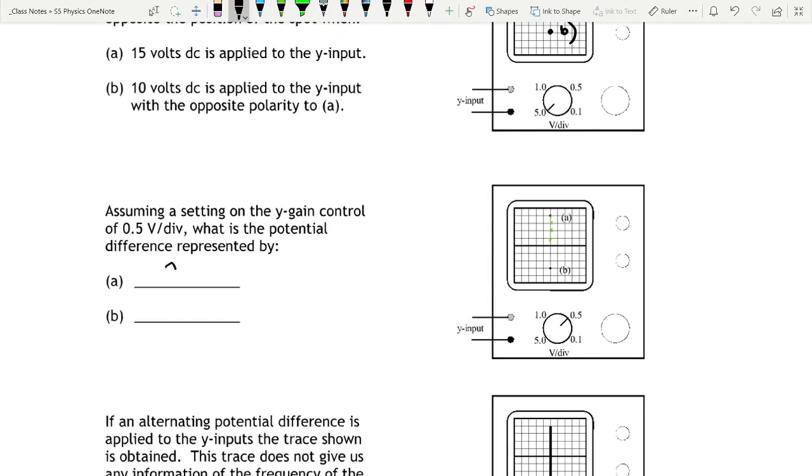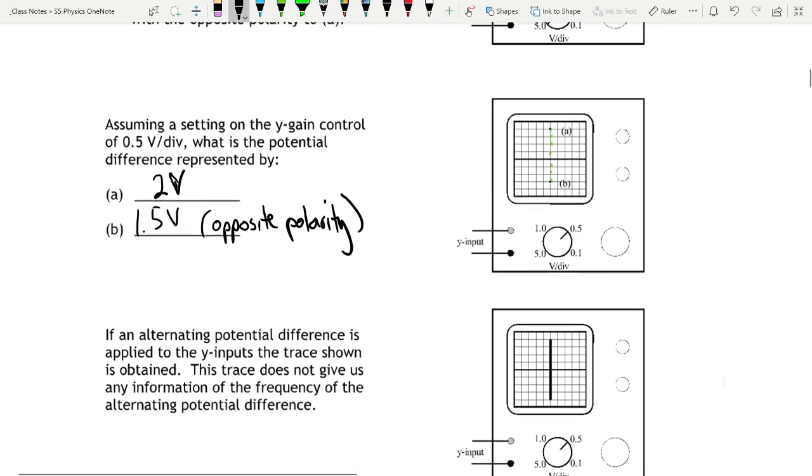So that's 2 volts. And for part B, 0.5 volts per division, so 0.5, 1, 1.5 volts, so 1.5 volts. And you could basically say it's the opposite polarity if you wanted to. It's not asking you, but it's quite good to put in our notes.